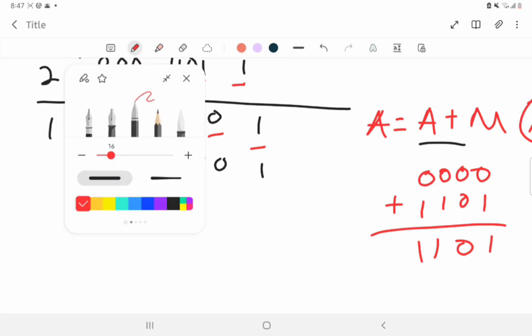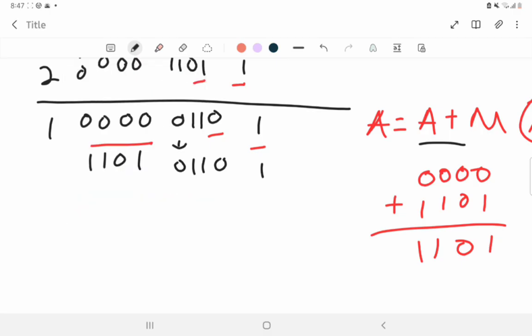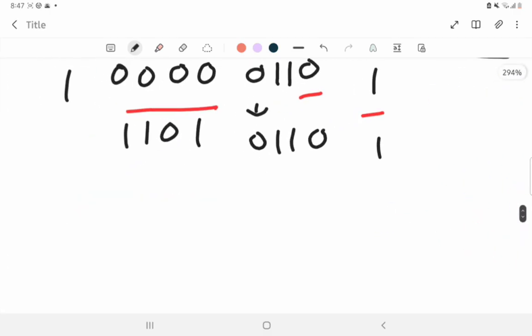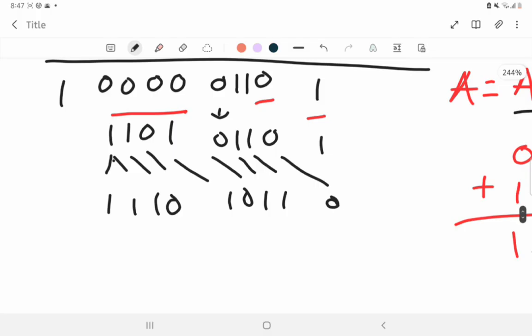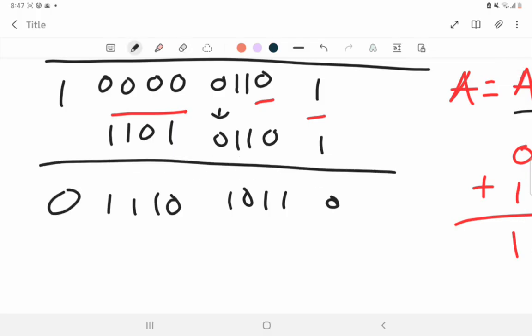Because anything you do, you just have to shift them after you do it. So shift them. 1, 1, 1, 0, 1, 0, 1, 1, 0. Okay, so now this is the new value, which is 0.